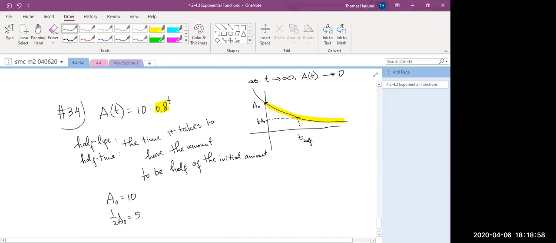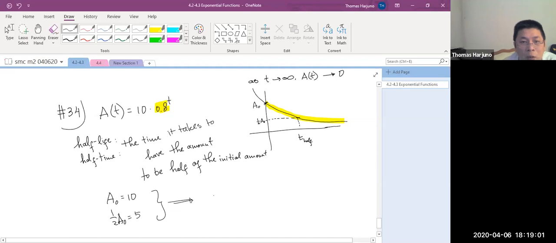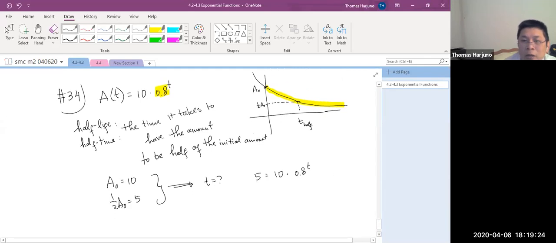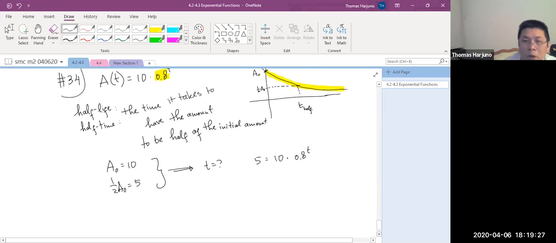Now the question is, what is the time such that 5 equals 10 times 0.8 to the t? Are you with me? What is the time such that after that time only half is left? If I divide by 10 first, that's 0.5 equals 0.8 to the t.